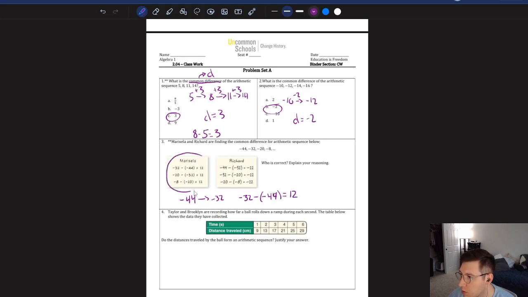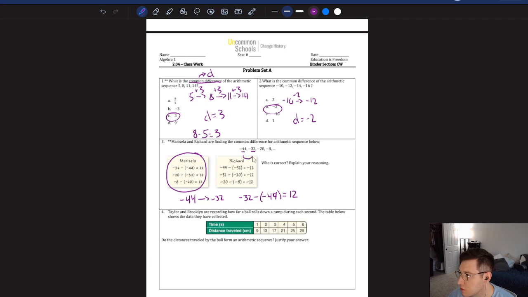And so I would agree with Maricela that we are actually going to subtract the first term from that second term, or from the next term. So we're going to do previous minus current to find that. Another quick way we can see is, take a look.